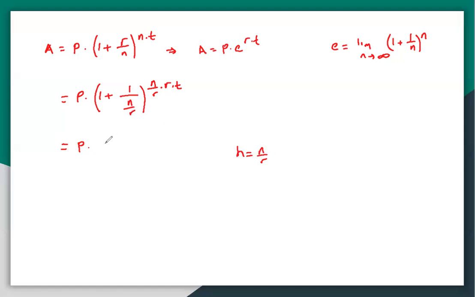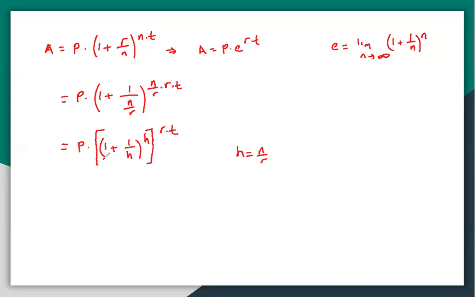So I can write this as 1 plus 1 over H, to the power, we have the same expression right here, so that is also H, and then times R times T. But instead of writing times, I'm just going to write this as a power on a power, using exponent properties, so that is going to be R times T.